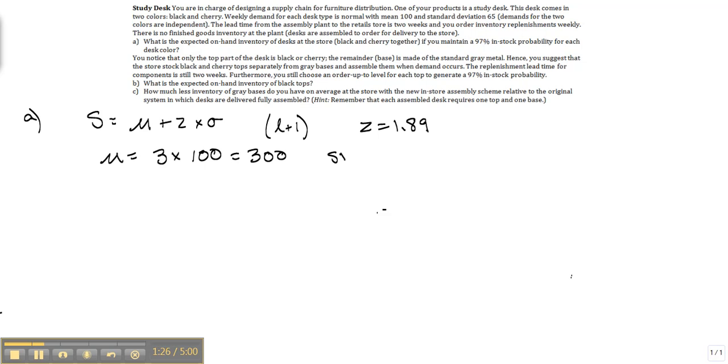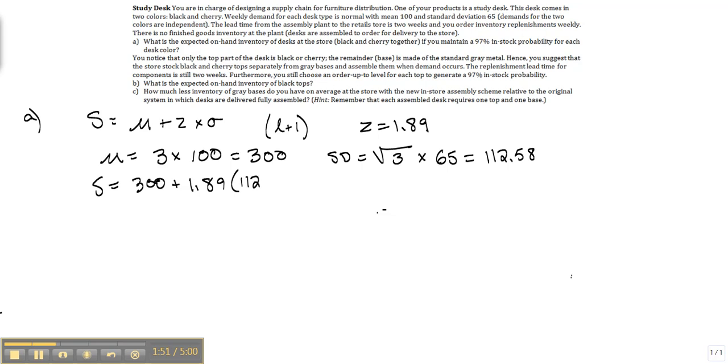For the standard deviation, we're looking for the square root of 3 times our weekly standard deviation of 65, and we get a standard deviation equal to 112.58. Now plugging those values into that original formula, we get 300 plus 1.89 times 112.58, and that's equal to 513.